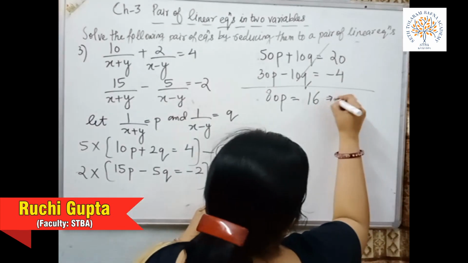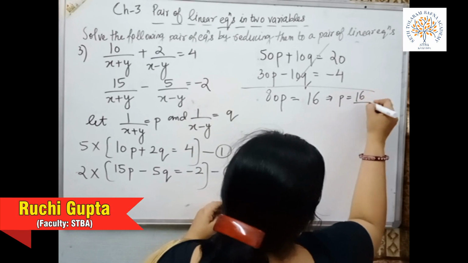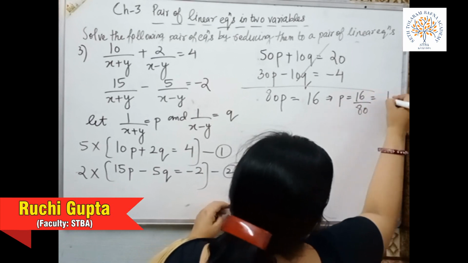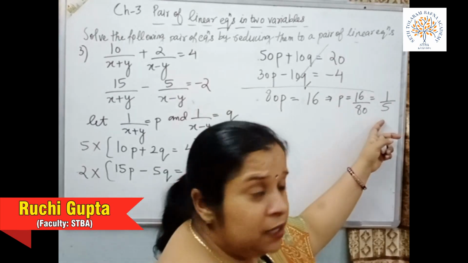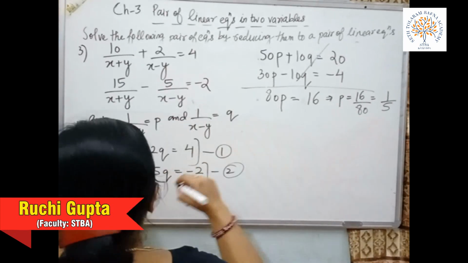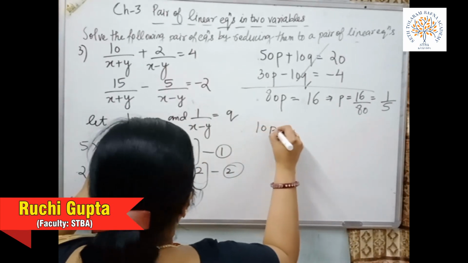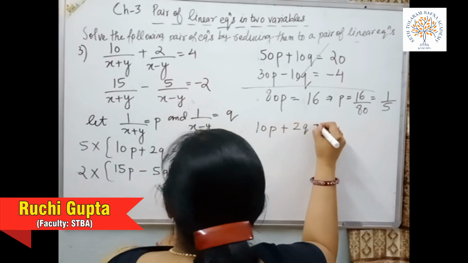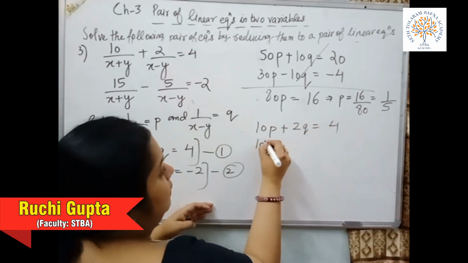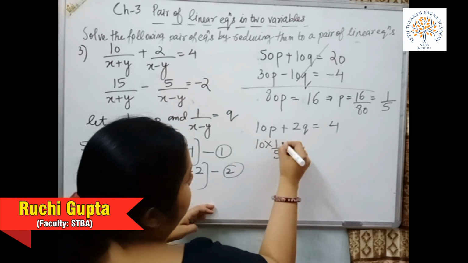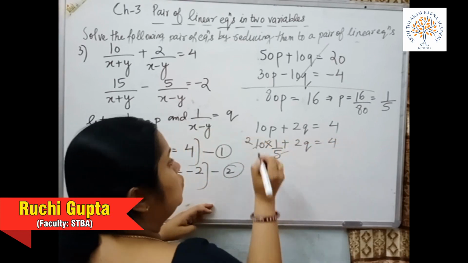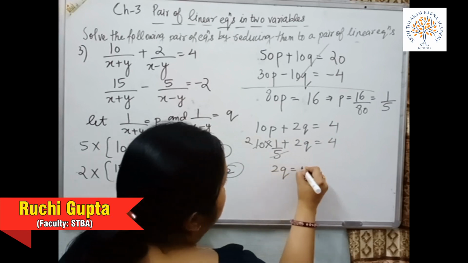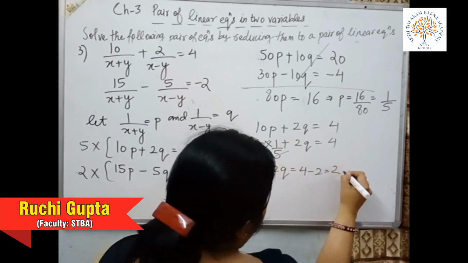Okay. So what is p? It is 16 upon 80. It means it is 1 upon 5. 16 5s are 80. So in my first equation, which is 10p plus 2q is 4, in place of p, if I write 1 by 5, then 5 2s are 10, and this 10 goes on that side, it becomes minus.